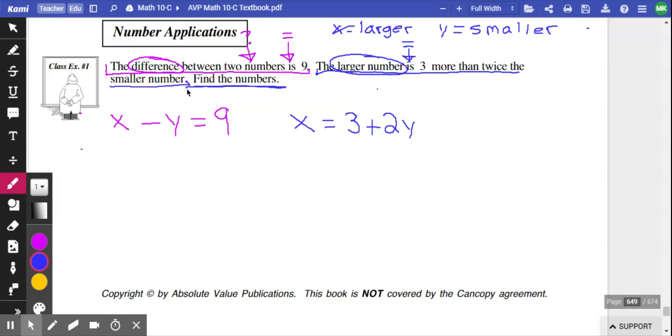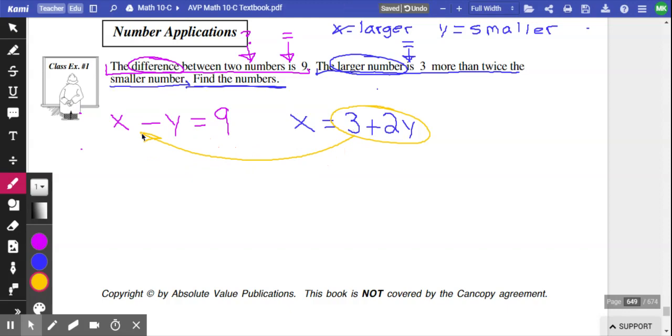Looking at this question, substitution is prime because of this guy right here. Right? X is already by itself. That means I can take this and substitute it in to the other equation. It was already really easily set up for substitution.